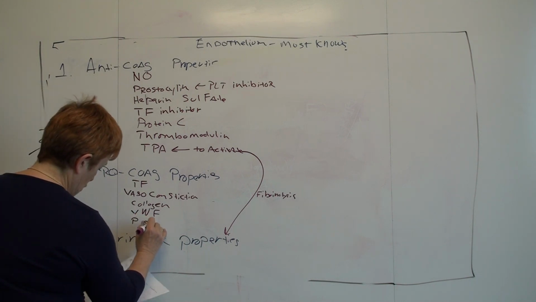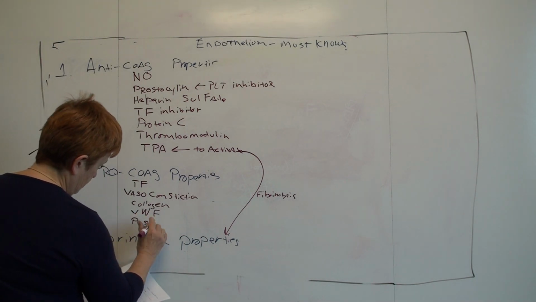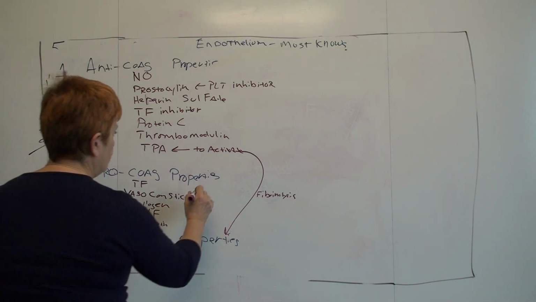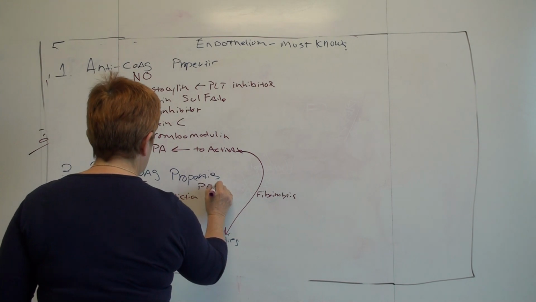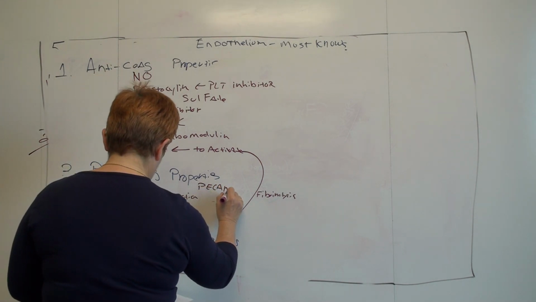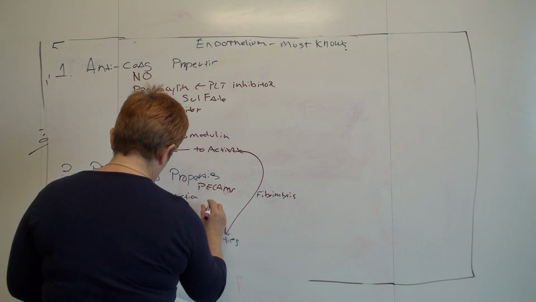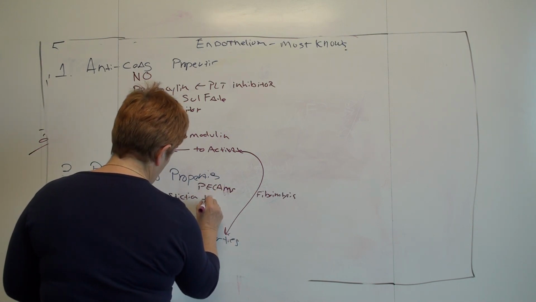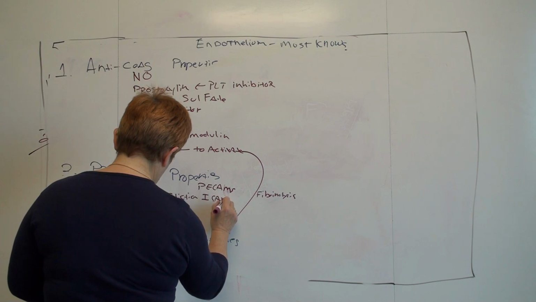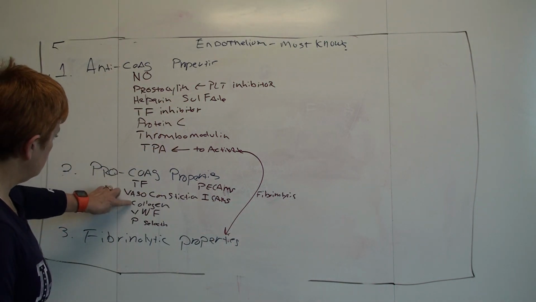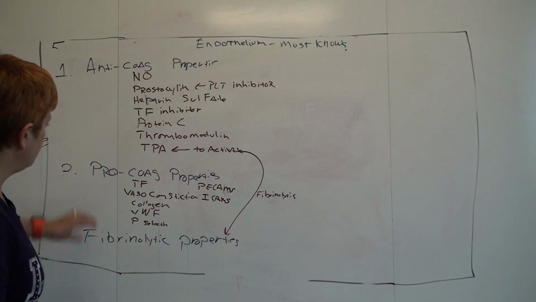P-selectin, and we also have your PECAMs, P-E-C-A-M-S, and your ICAMs. Okay, let's see, it should be about 1, 2, 3, 4, 5, 6, 7, yeah, 7, okay?